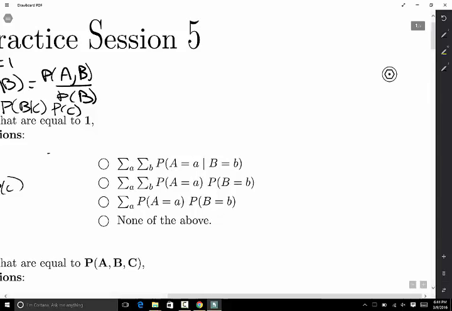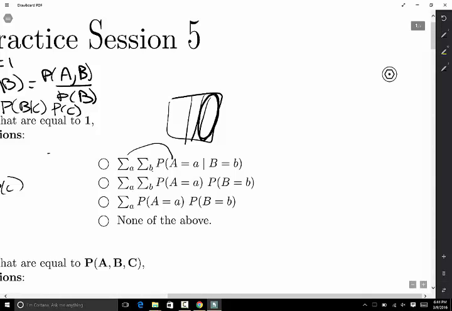Okay, here we have a conditional on B, and we're summing over the values of A and B. So thinking back to our table that we had earlier, it's like summing all of these values up. But we already know that summing over just A would give us 1.